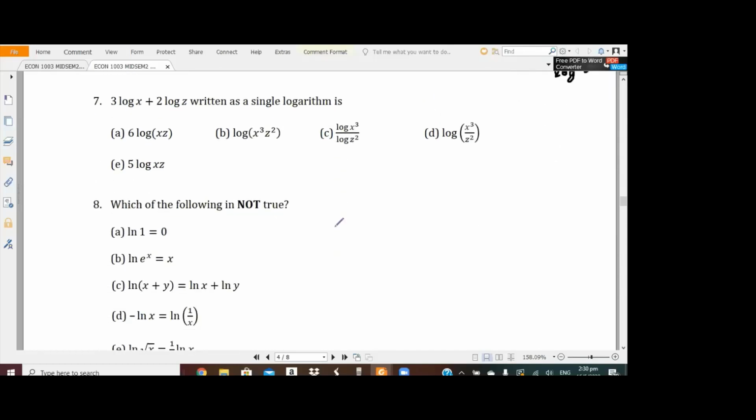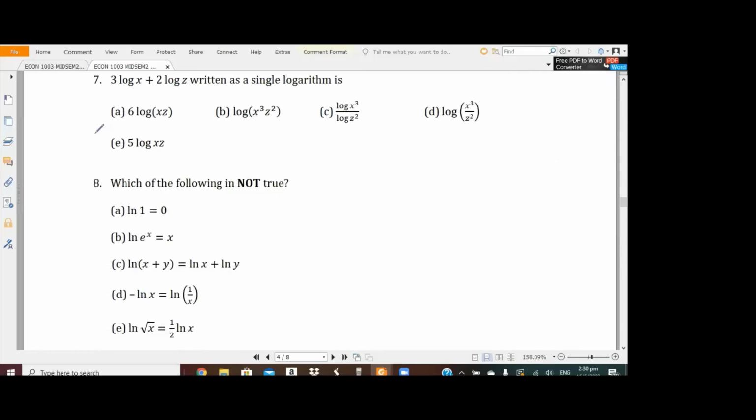We did these few questions in the last paper. So again, the only way in which you can apply your law of logarithms, in particular the law that says log of m plus log of n is equal to log of mn, is if the value in front of the logs is 1.